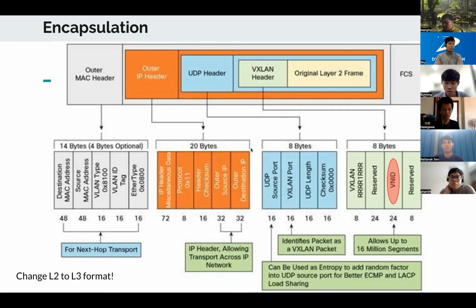We can make something similar to VXLAN on VMware. Then no network configuration change is needed, no special network equipment is needed. We can apply that change on the VMware platform.